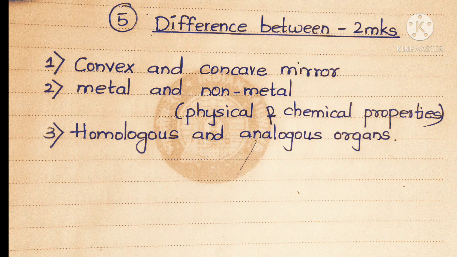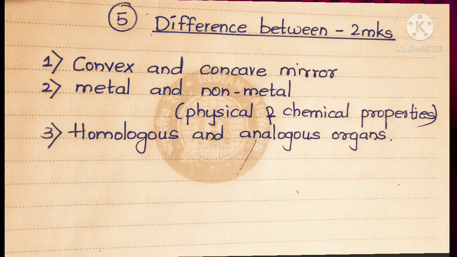They may ask you the convex and concave mirror difference, metal and non-metal difference, and thirdly, homologous and analogous organs. Among these, one will be there for sure, and in metal and non-metal, list out the physical and chemical properties.